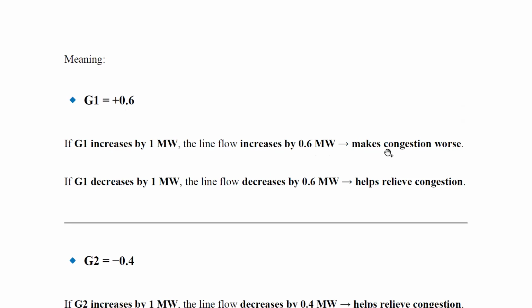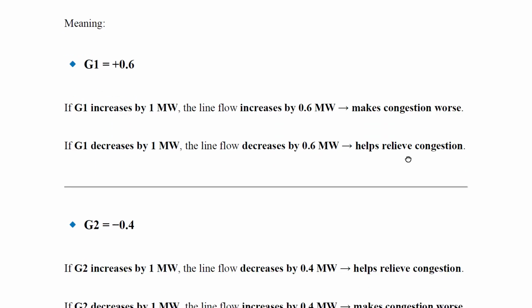That makes the congestion worse. If the generator decreases power by 1 megawatt, the line flow decreases by 0.6 megawatt, which helps to relieve the congestion.